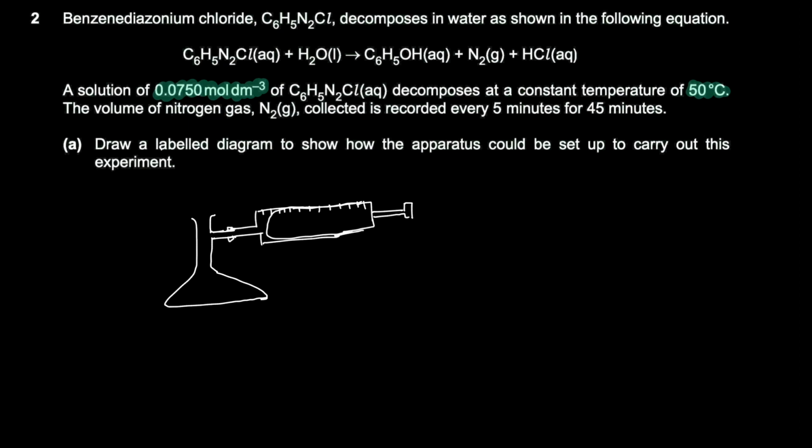You can use a stand to suspend the flask in a thermostatically controlled water bath. And of course, the flask should be sealed. Here you have the contents of the flask. The contents of the flask should be completely submerged in the water bath, to ensure that the temperature is uniform, 50 degrees Celsius.